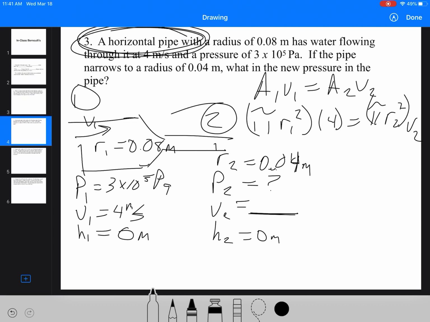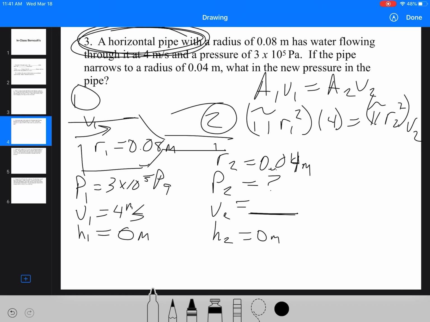Now, when you have 0.08 as your first radius, and your second radius is 0.04, your radius got cut in half. Because it's a radius squared, it's really a factor of 4.